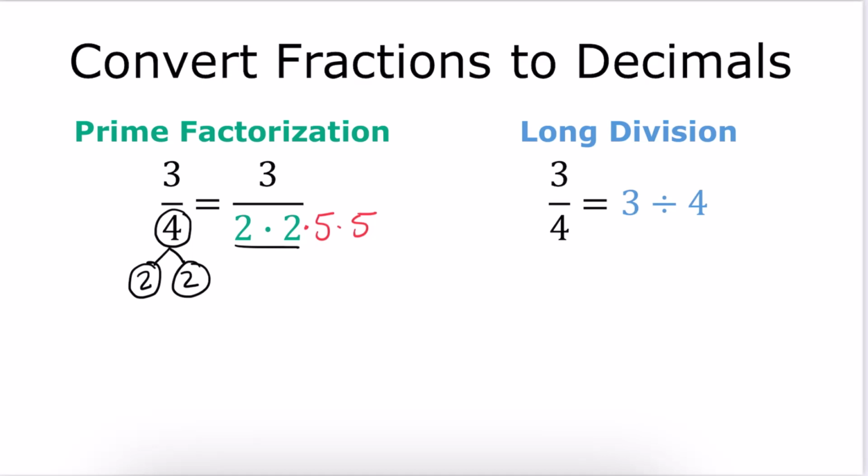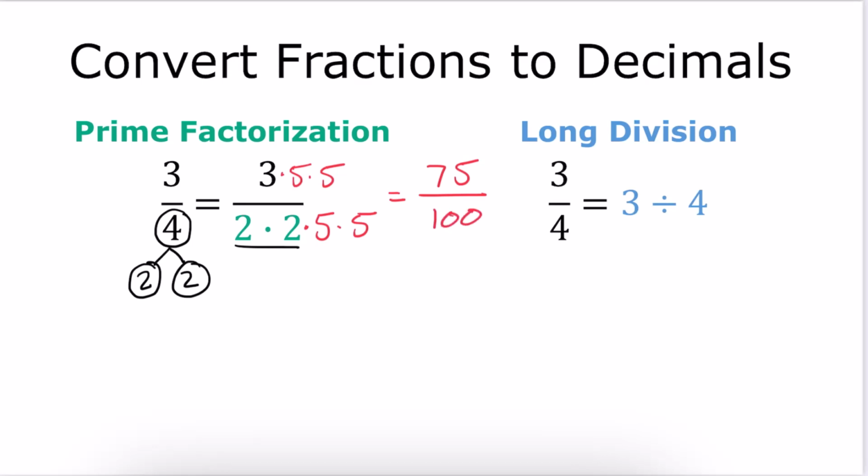Now, if I multiply the bottom of a fraction, I also need to multiply the top of the fraction by the same number to make it an equivalent fraction. And when I do that, the top of the fraction is going to be 5 times 5, which is 25, times 3, which is 75. So I'll get 75 over 2 tens multiplied together because the 2 times 5 makes a 10, and I have two pairs of those.